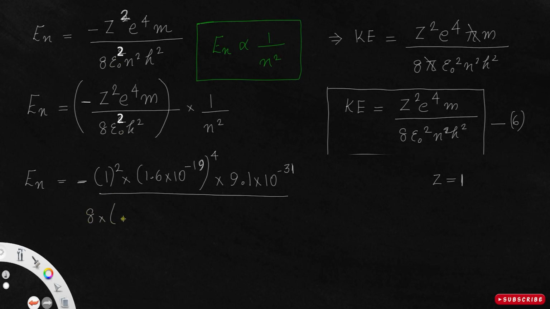Epsilon 0 is the permittivity of free space. Its value is 8.85 into 10 raised to minus 12. h is Planck's constant, its value is 6.636 into 10 raised to minus 34, and we have 1 by n square.